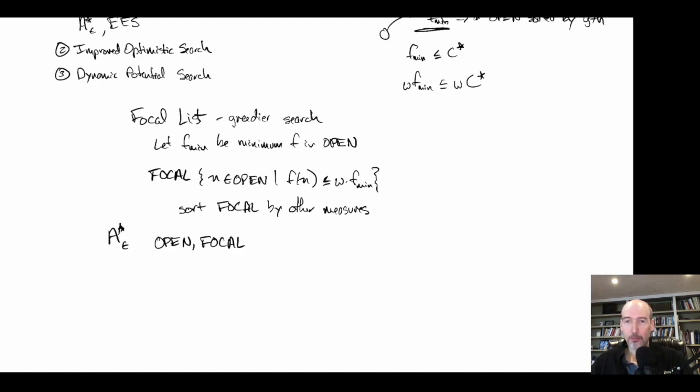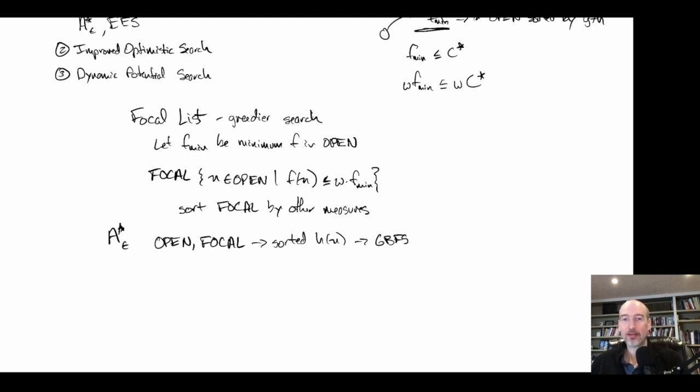But if we go back and look at that, then what we see is that the focal list is going to be sorted by H of n, which is maybe a commonly accepted interpretation of what A star epsilon should be doing. So we can have an open list, and the focal is basically running greedy best first search, or pure heuristic search, whatever name you prefer there.